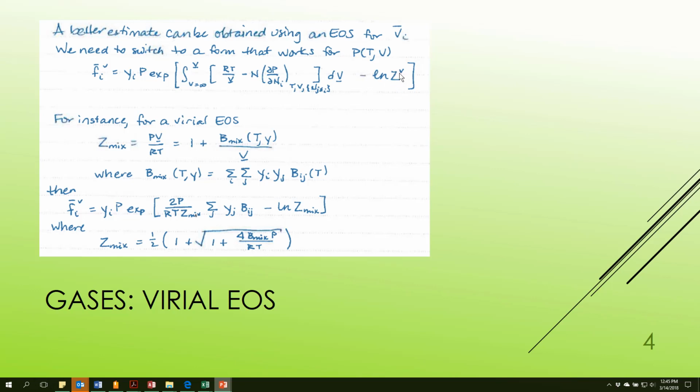Now, if you choose to use a virial equation, just using the single first term, then we end up with this expression here. Now, this doesn't look any different than it would for a pure species, except for that B needs to reflect the mixture.